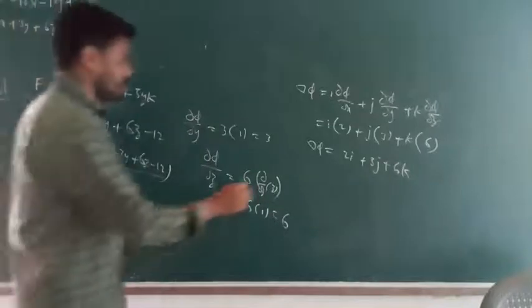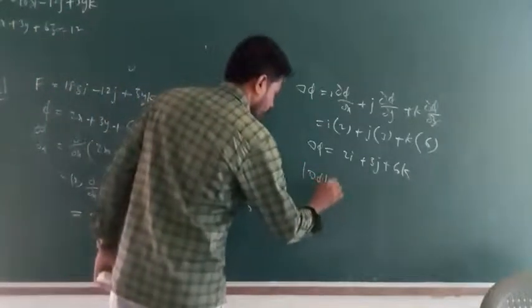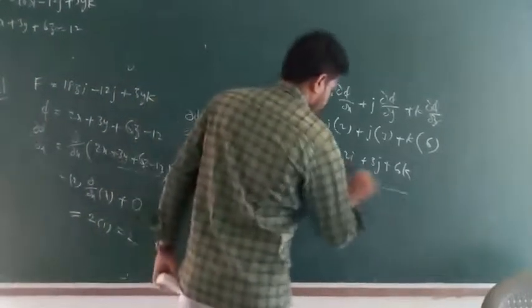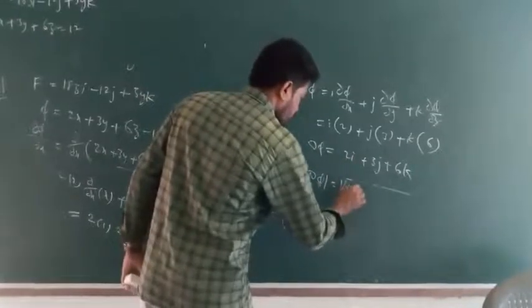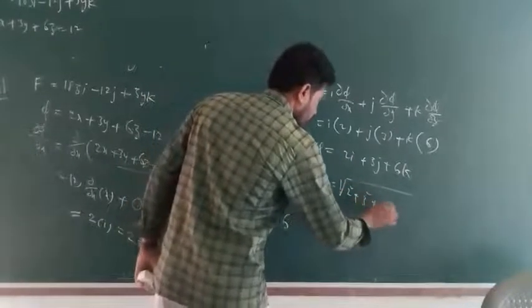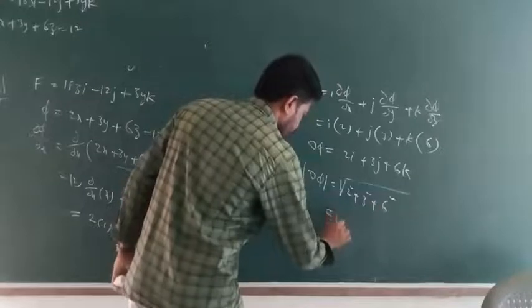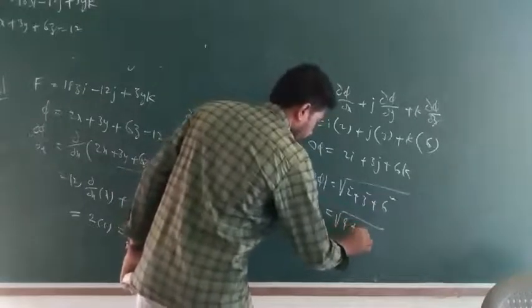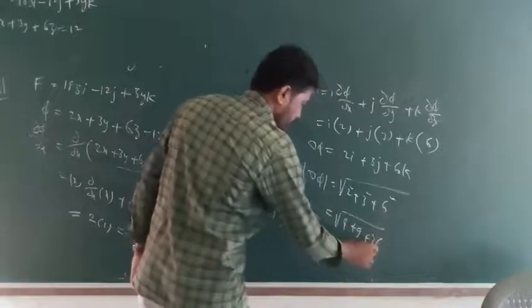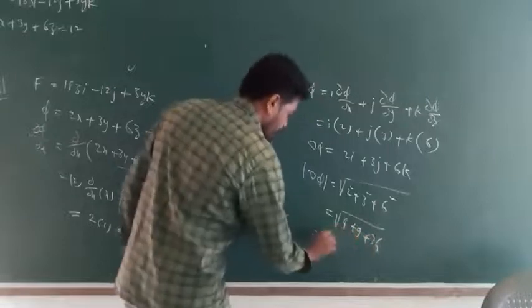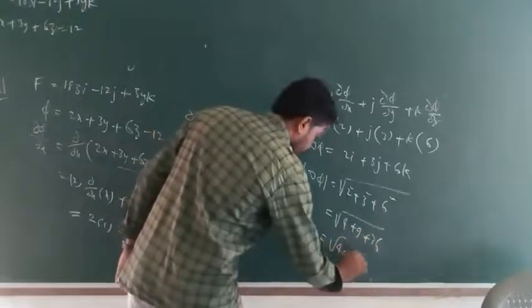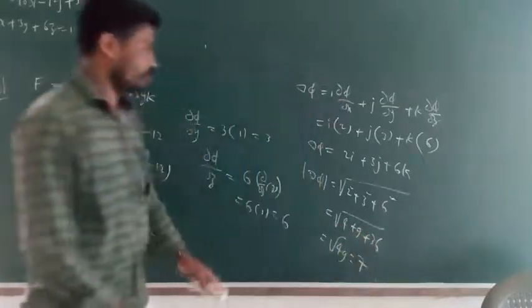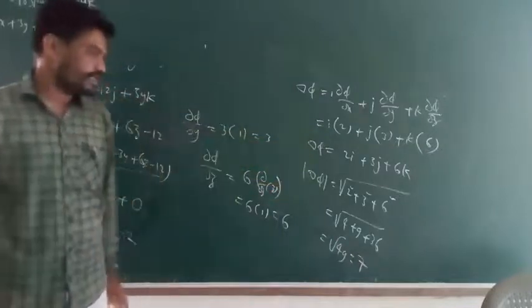Next, mod del phi. Mod del phi means the square root of 2 square plus 3 square plus 6 square, so the square root of 4 plus 9 plus 36. 36 plus 4 is 40, plus 9 gives the root of 49, which is 7. Del phi and mod del phi are over.